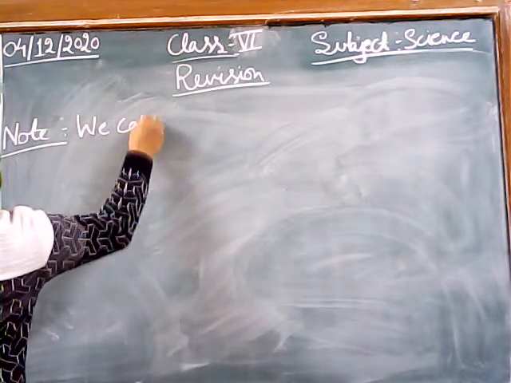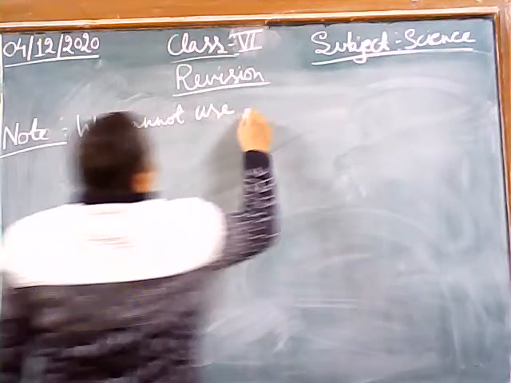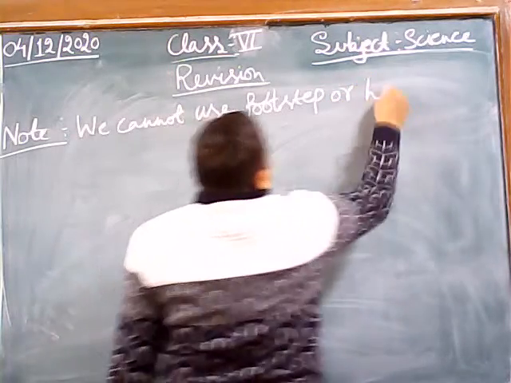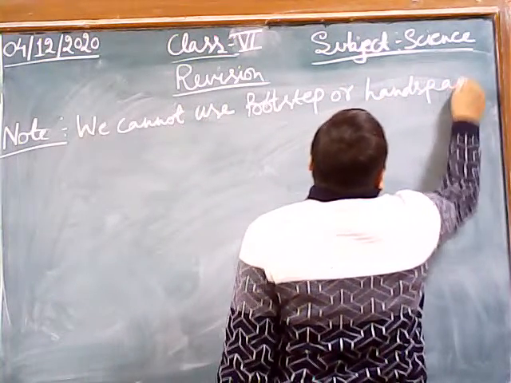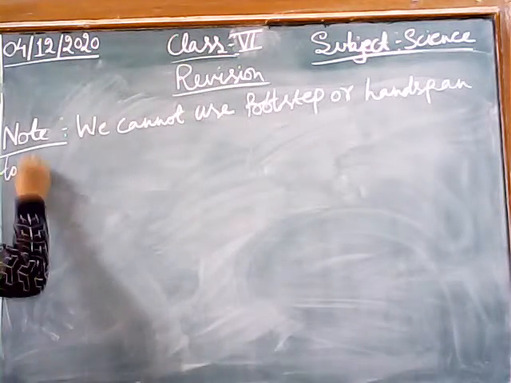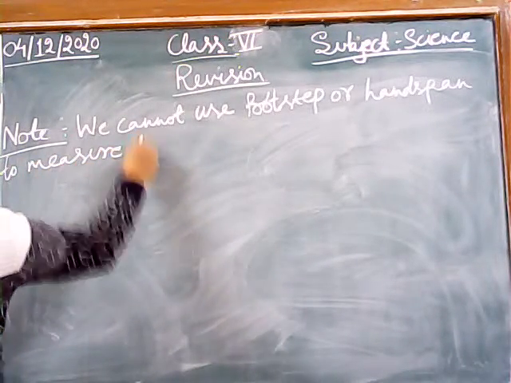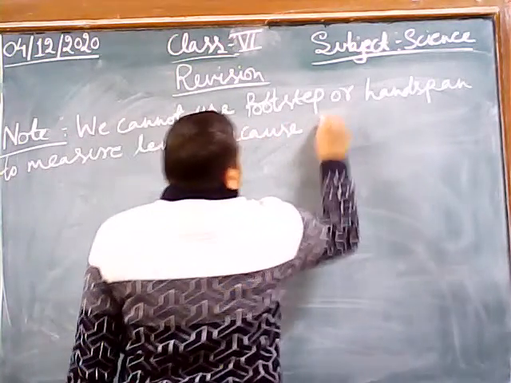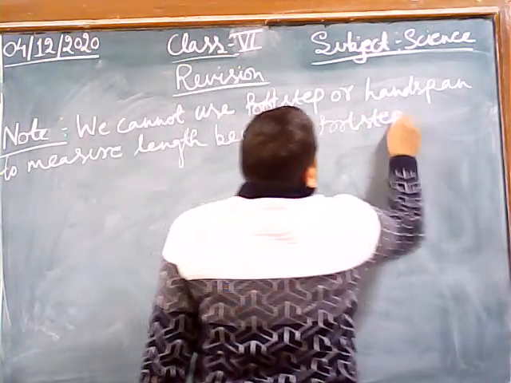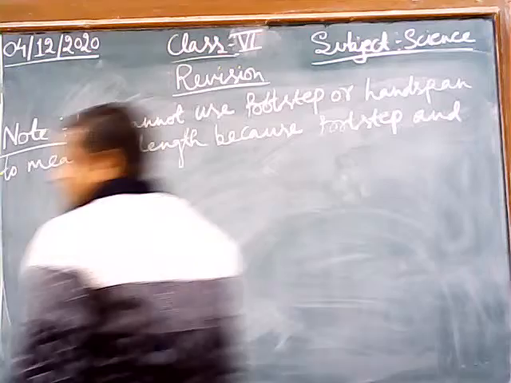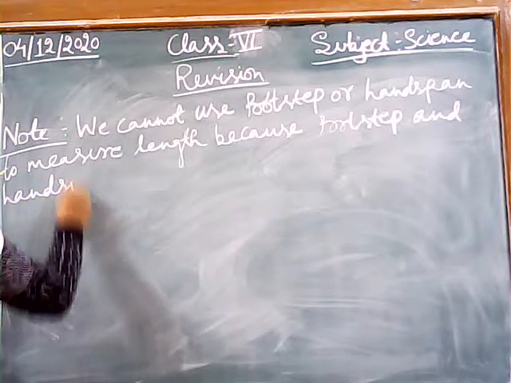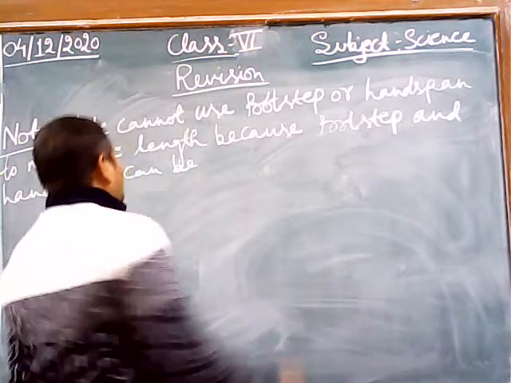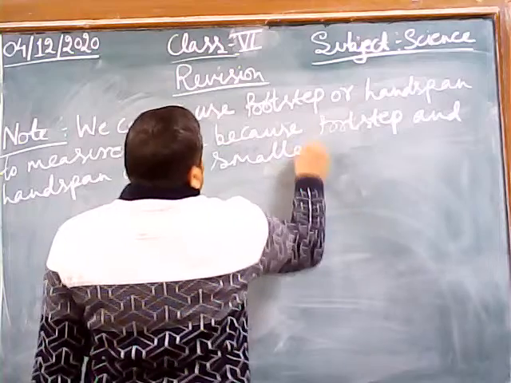We cannot use footstep or handspan to measure length because footstep and handspan can be smaller or bigger.